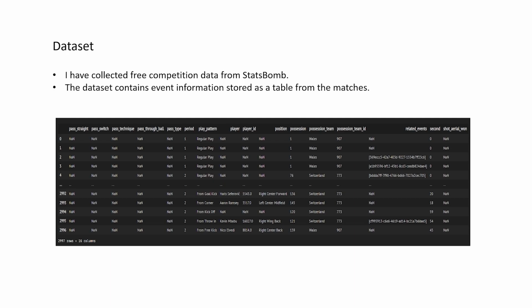The dataset I have used for this project is from StatsBomb. It's a company, and with their advanced technologies and the help of computer vision, they extract very minor details from games.